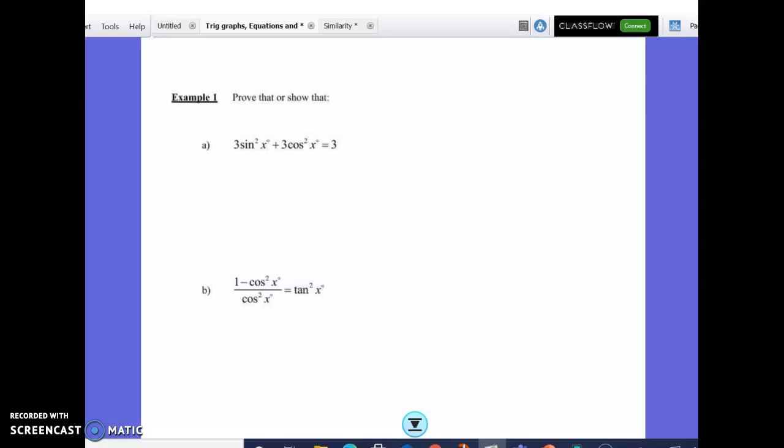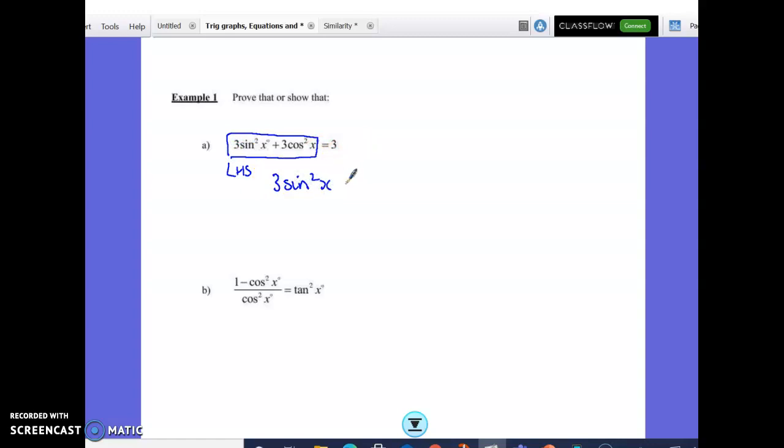So this one, I want to prove that 3 sine squared x plus 3 cos squared x is equal to 3. What we do when we prove something is we start with one side and we make our way to the other side. So I'm going to start just with the left-hand side, it's just this part here. I'm going to ignore the fact that it's equal to 3 just now.